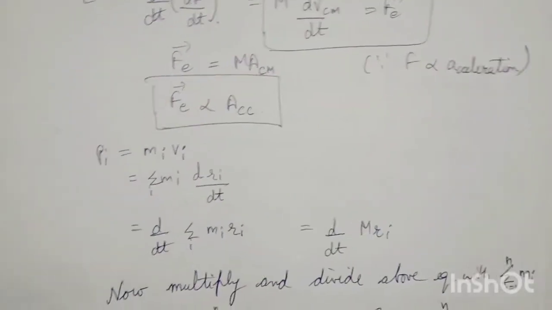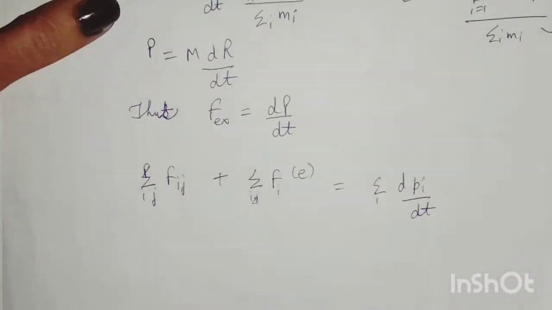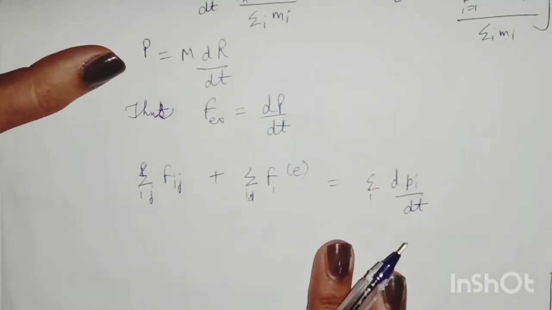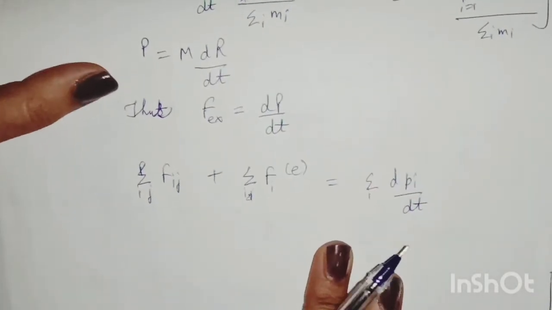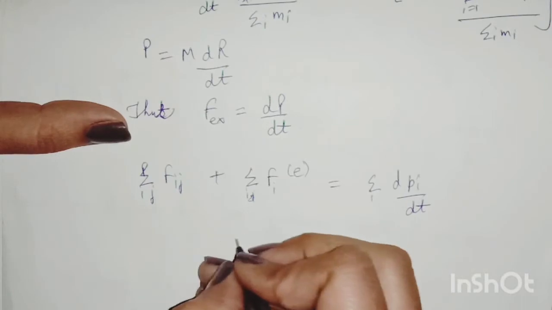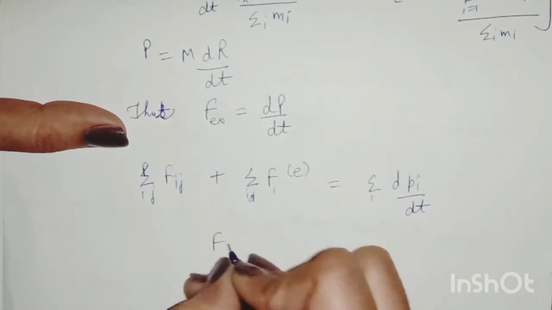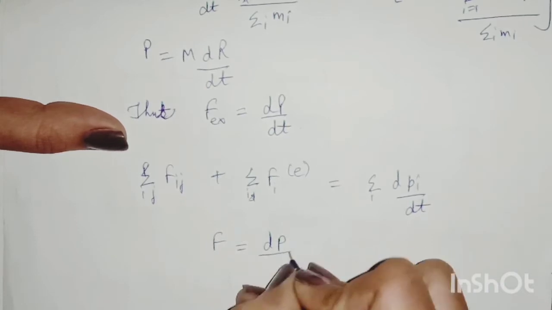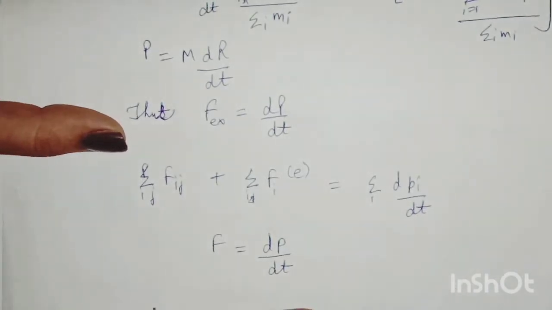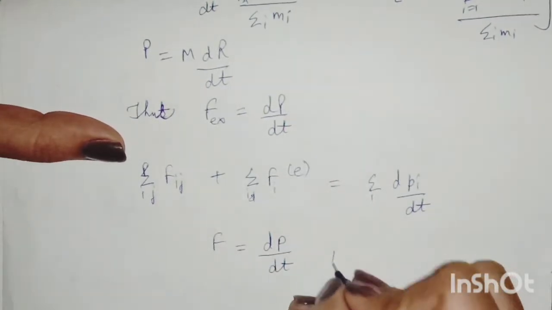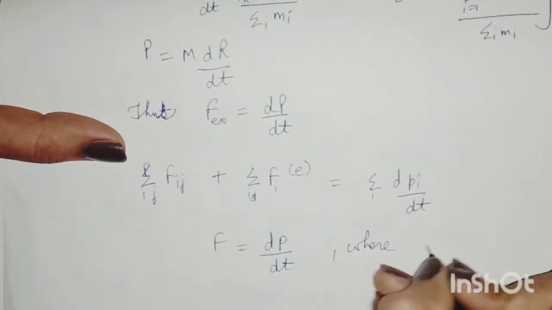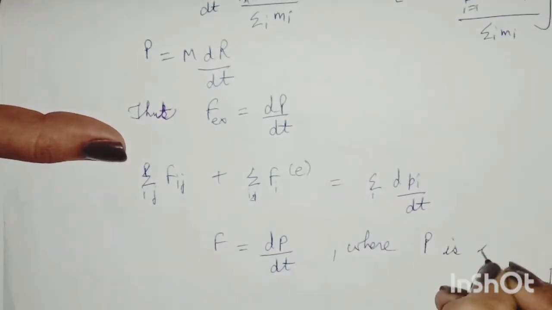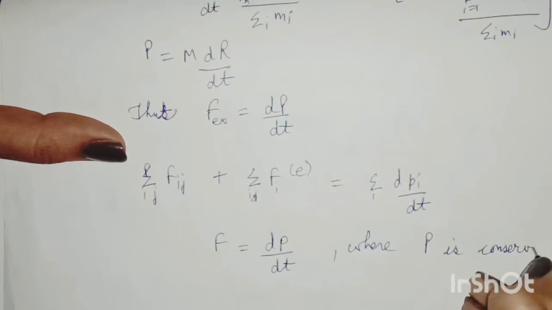So putting the value of F internal and F external here, we get F is equal to dP upon dt, where P is conserved.